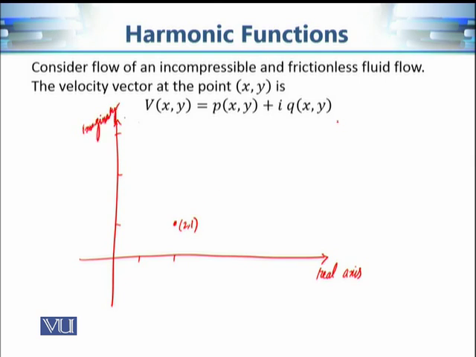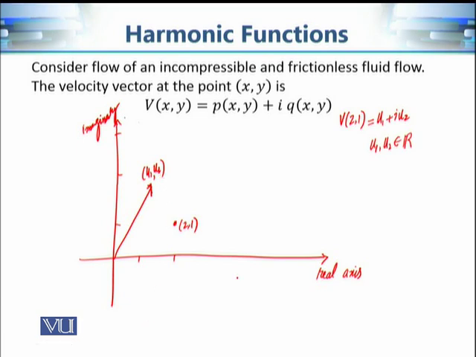If we calculate the value of V at 2, 1, then it is going to give me some real and imaginary part. Let's call it, for example, u1 plus iota u2, where u1 and u2 are real numbers. Since it's a complex number, we can represent it with a vector. Let's say this is the vector, and this arrowhead has the components u1, u2.